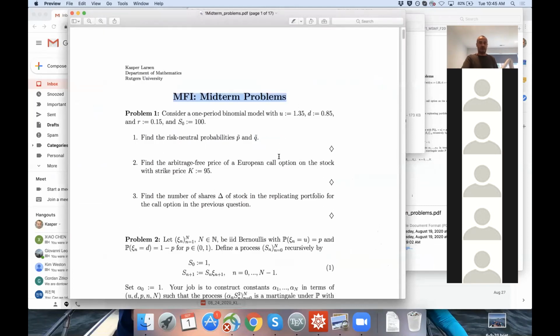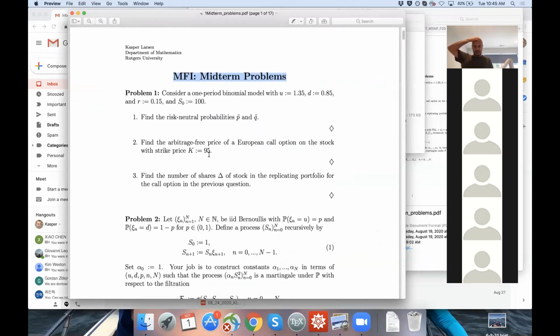Okay, so if you look at the first problem in the midterm set, it says consider a one-period binomial model. It has U to be 1.35 and D to be 0.85. It has an interest rate of 15% and has a stock price of 100.